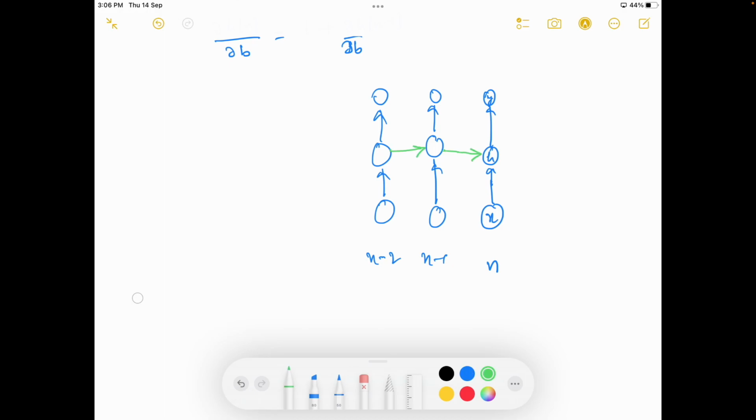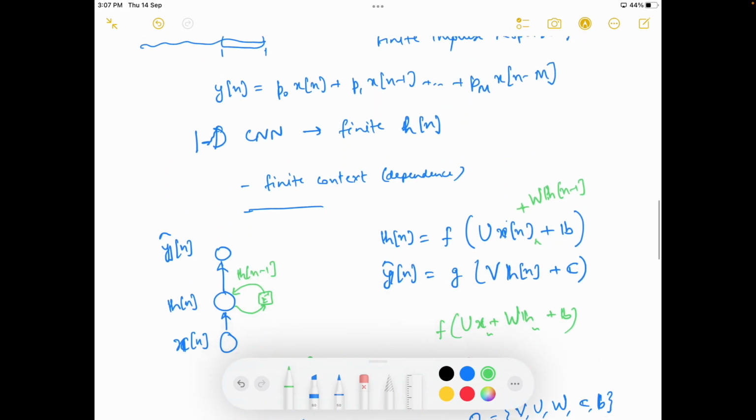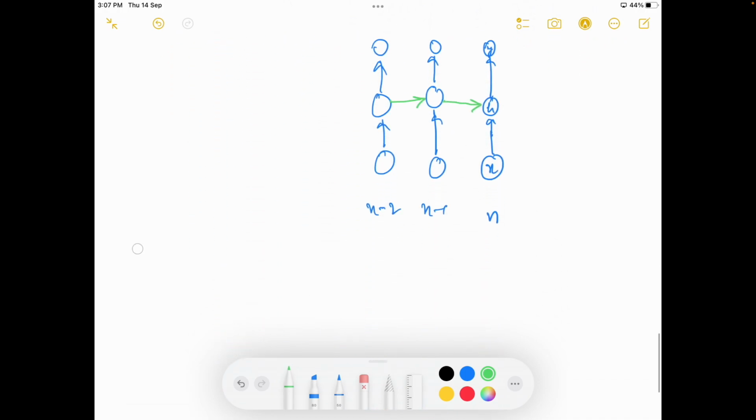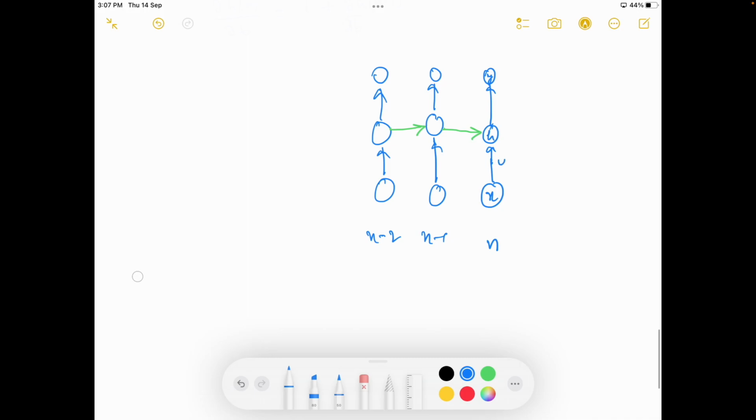Which means my h of n depends on x of n as well as h of n minus 1. My h of n minus 1 depends on x of n minus 1 but also on h of n minus 2, right? So if I have a parameter theta, every connection has got some theta. Following the previous notation, what was the notation we used? U times x plus W times h. So I have here U times x and W times h. And W appears everywhere. U also appears everywhere.